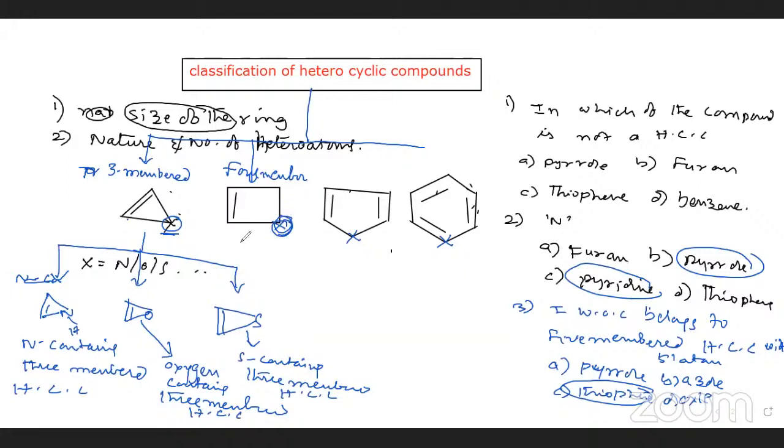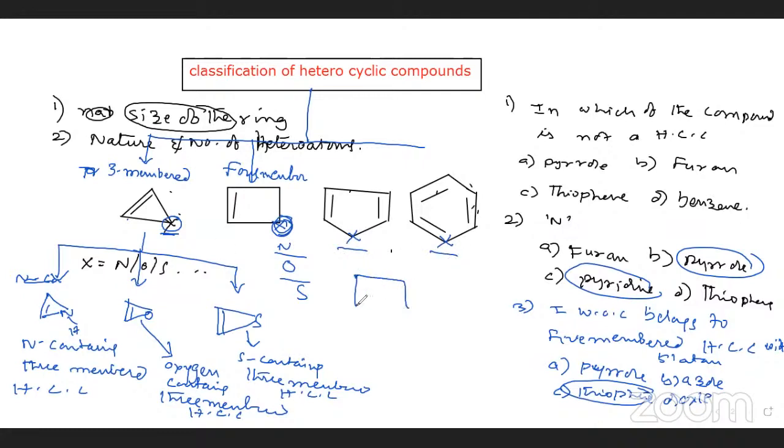heteroatom: nitrogen containing, oxygen containing, and sulfur containing 4-membered heterocyclic systems. Similarly, 5-membered and 6-membered systems also exist.